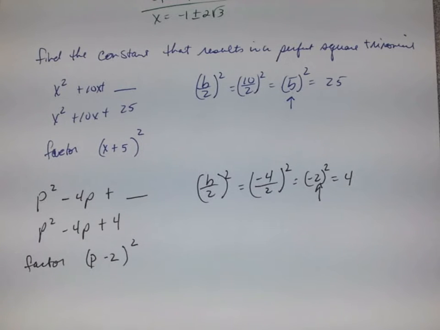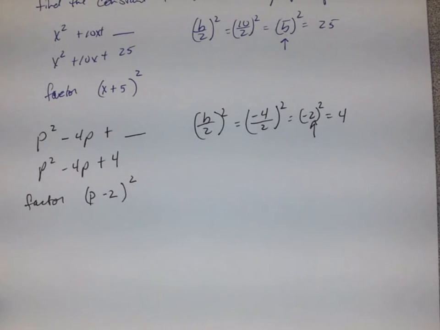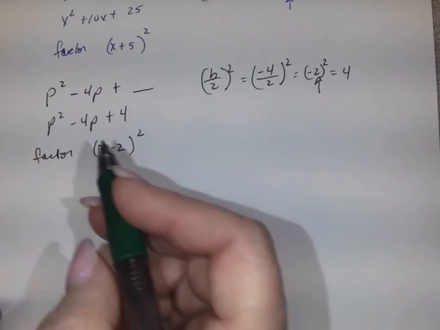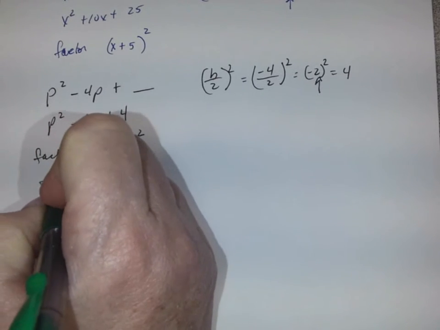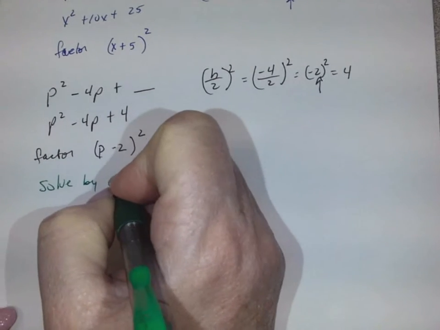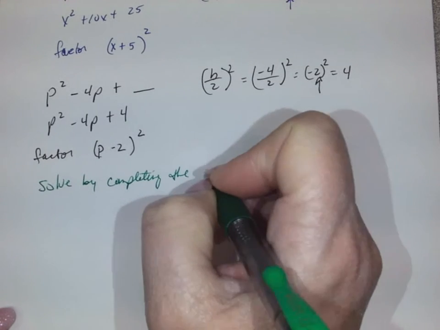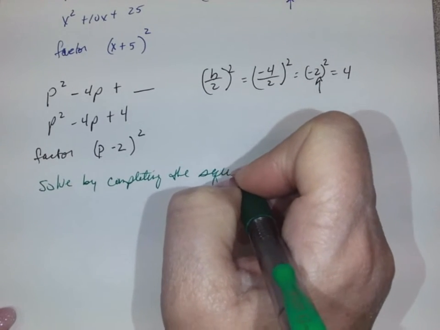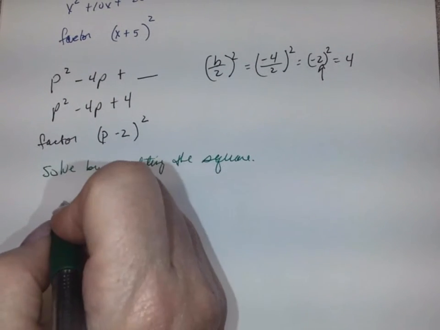All right, so the next problem that we're going to do, we are going to actually solve by completing the square. So in this case, we have p squared plus 2p is equal to 4.